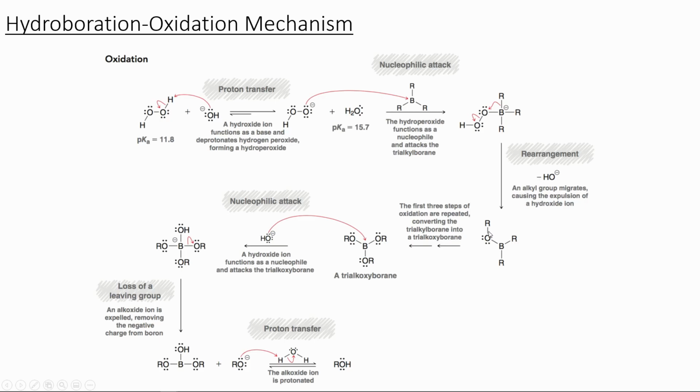And this is going to form the oxygen-boron bond, which can then be liberated through nucleophilic attack of a hydroxyl group, and then the boron-oxygen bond breaks. A proton transfer will finish off the mechanism to produce the alcohol product. So this is a fairly complicated mechanism. There are 1, 2, 3, 4, 5, 6 steps to it, and that's only the second half of the mechanism after the trialkyl borane is produced.